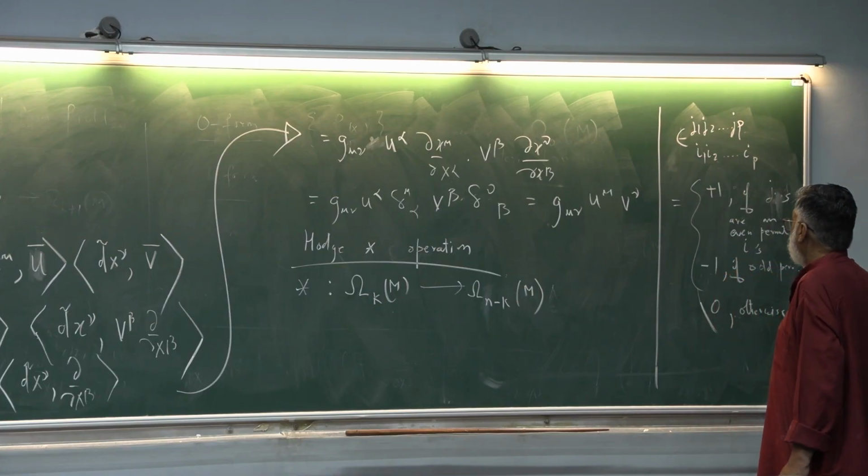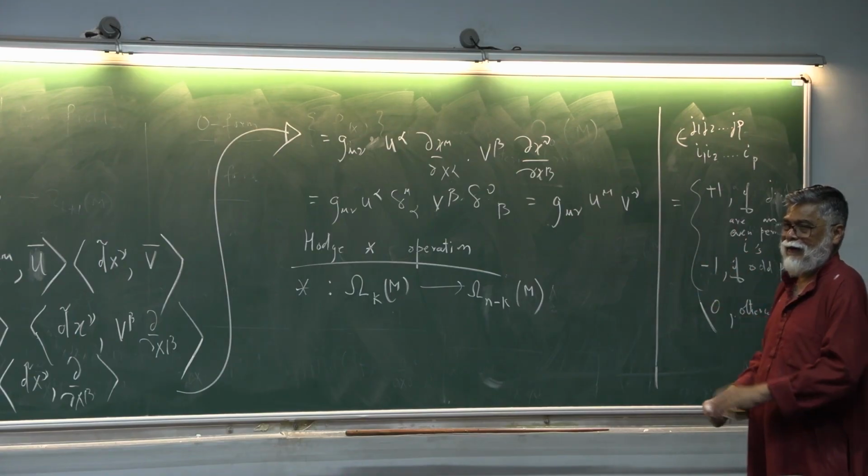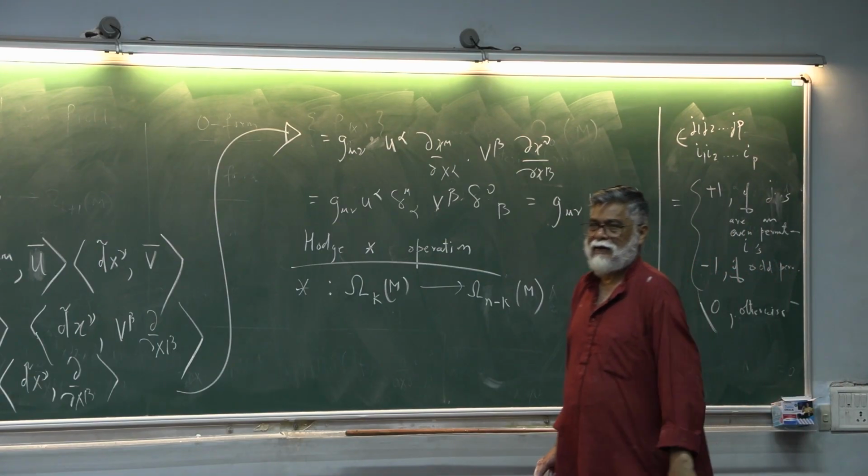Okay. So because it's 0 otherwise, that means it's completely antisymmetric. Any 2 index you flip, you'll get a negative sign.